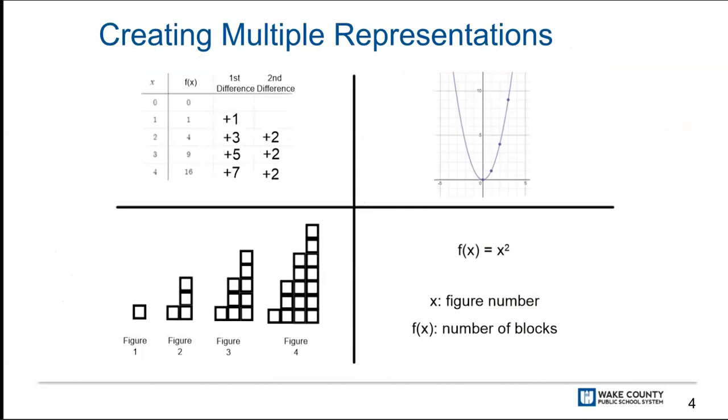In the first 3 lessons, you will be given a diagram that represents a quadratic pattern. You'll create tables, graphs, and equations to represent relationships and to gain further information about each problem. With your work in these tasks, you will be able to identify characteristics that are unique to quadratic functions. You will notice that in a quadratic table, the first difference is linear and the second difference is constant.